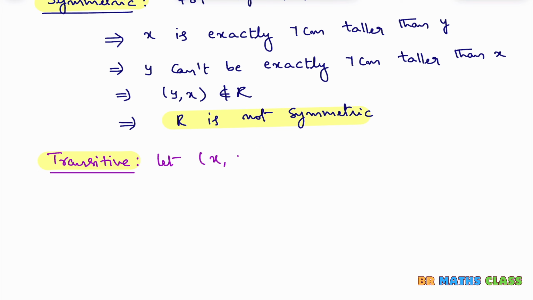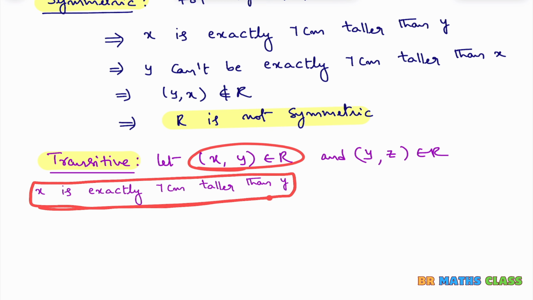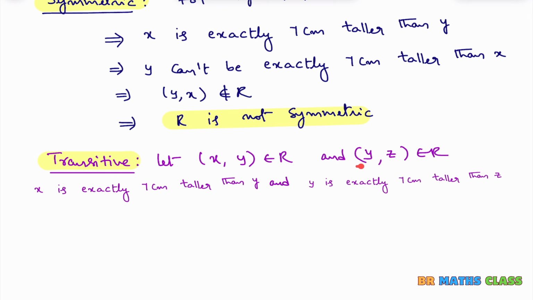I'll take (x, y) belongs to R and (y, z) belongs to the relation. (x, y) belongs to R represents that x is exactly 7 centimeters taller than y. (y, z) belongs to R represents that y is exactly 7 centimeters taller than z.